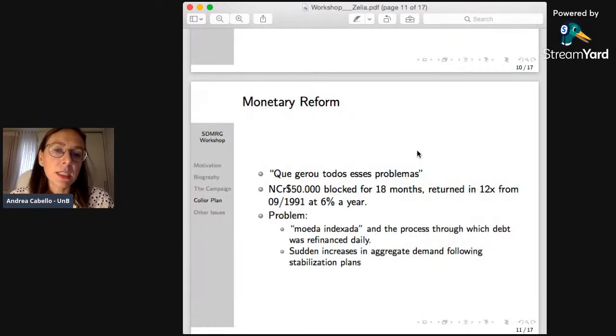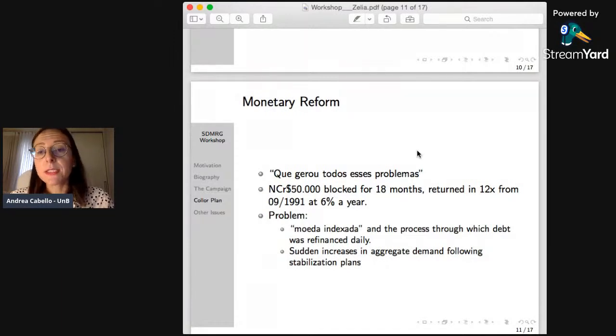So in this sense, you had a very big problem. That's why they blocked all this money, this confiscation of savings, as it was argued at the time, because the problem was not only the immediate liquidity of the money in the hands of the people, but all the other financial operations that people had. They also had very high liquidity as well.